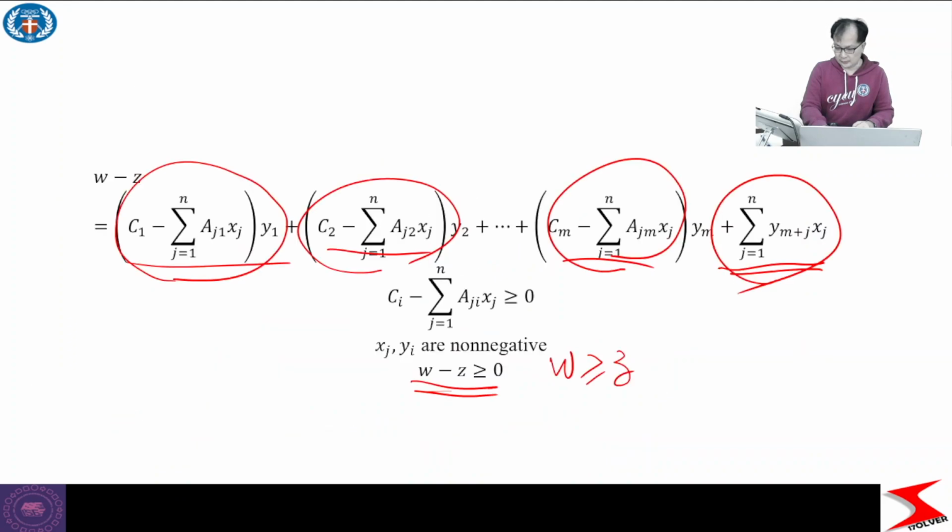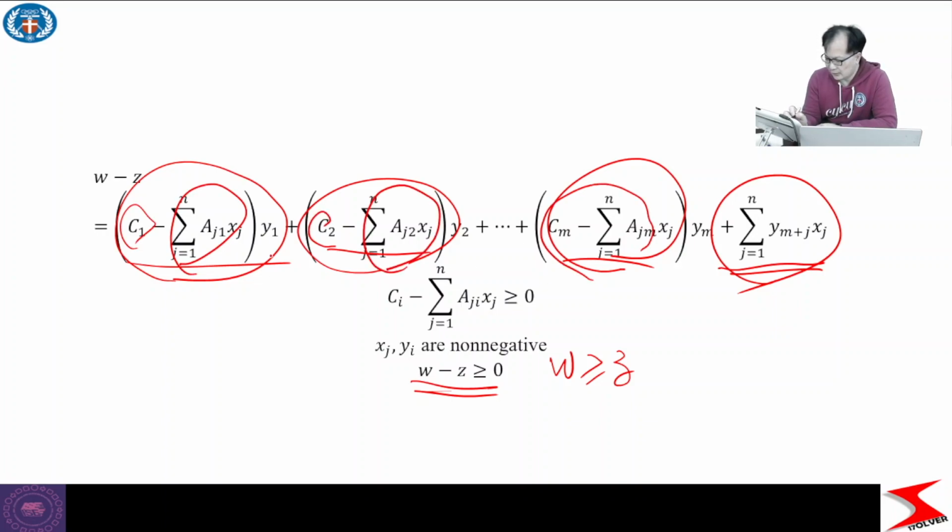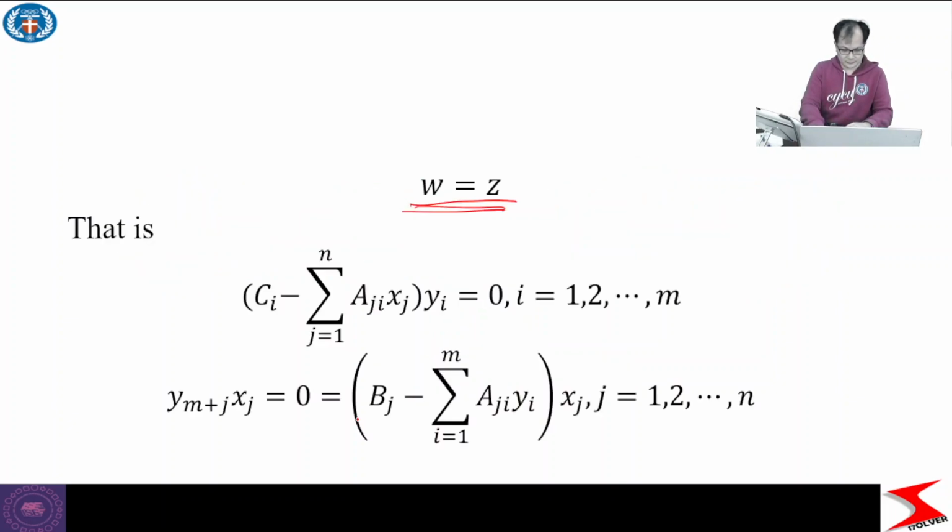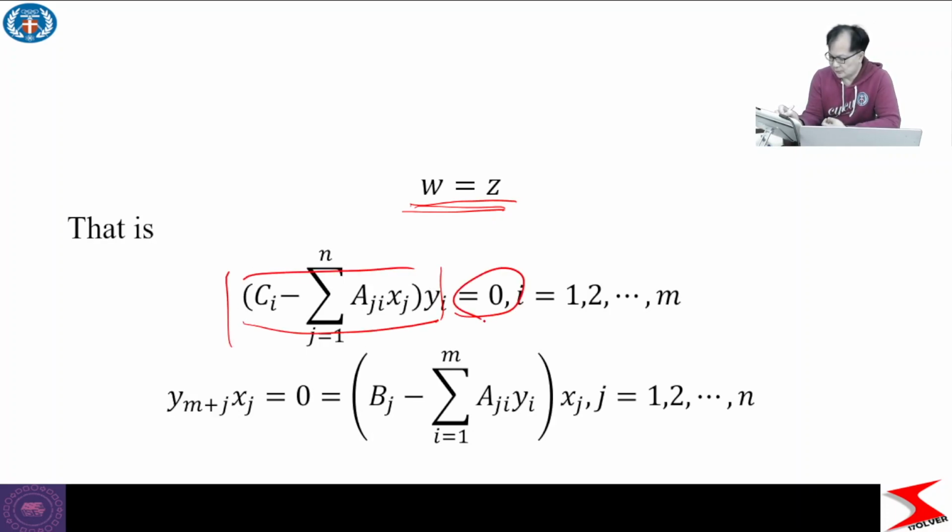When c1 equals this number, c2 equals this number, all of these numbers times y equal 0, and y(m+j) xj equals 0.